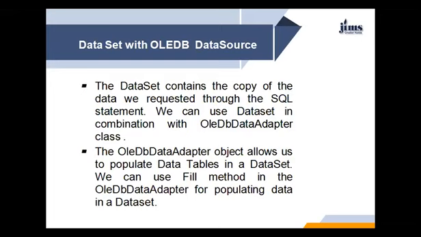Suppose we are writing select star from EMP, then this EMP table will extract the data, and the dataset actually contains the copy of that, so that we can use this dataset in combination with the OLEDB data adapter class, and then update this data into the database.